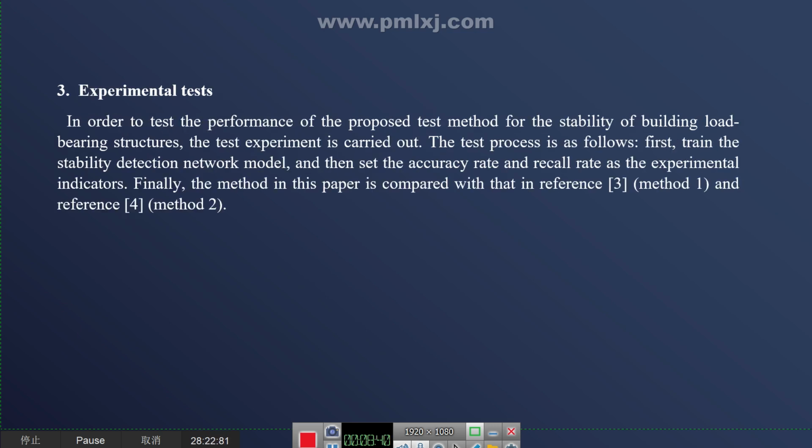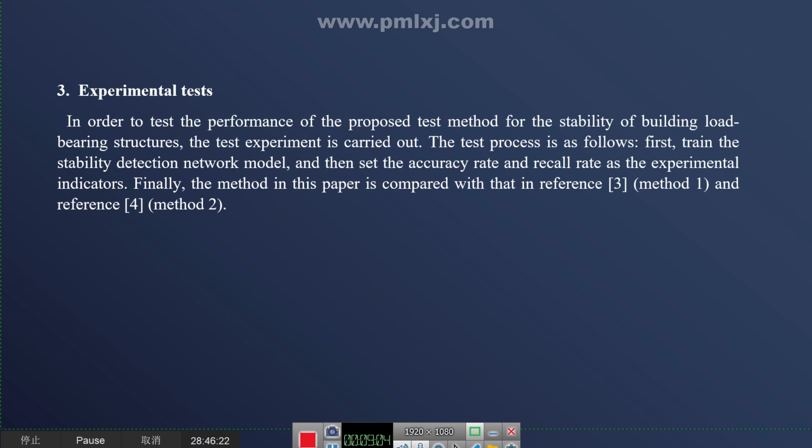3. Experimental tests. In order to test the performance of the proposed method for the stability of building load-bearing structures, the test experiment is carried out. The test process is as follows.